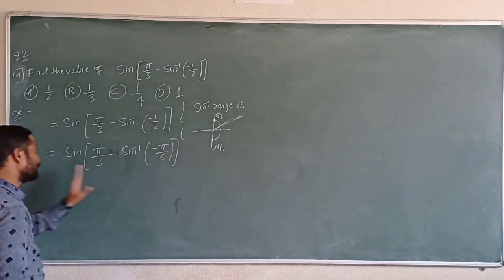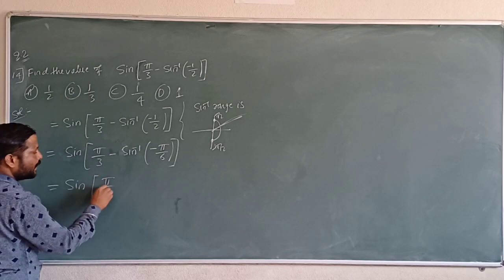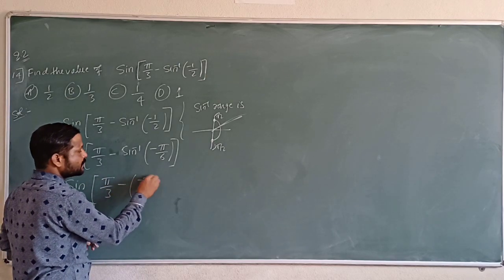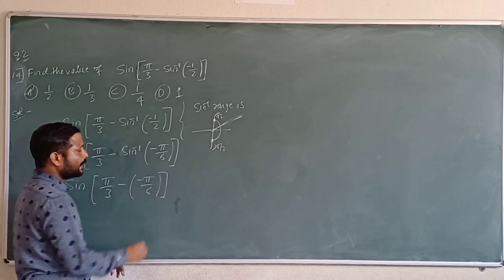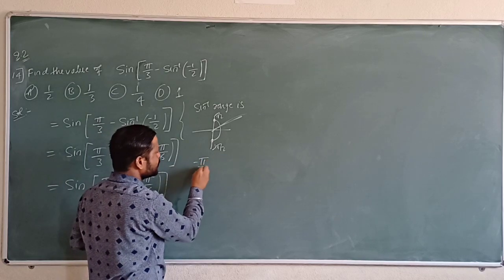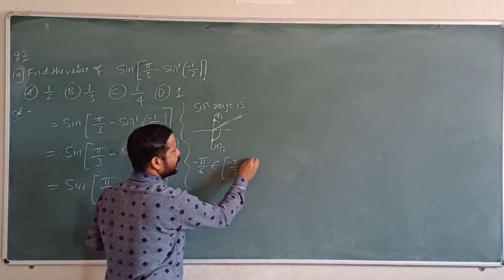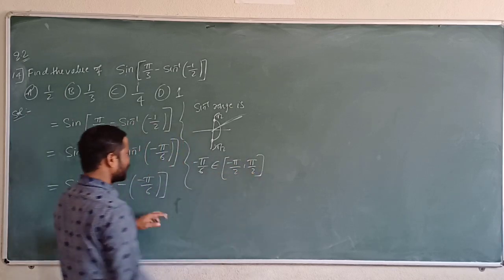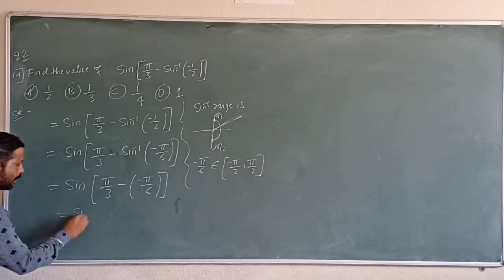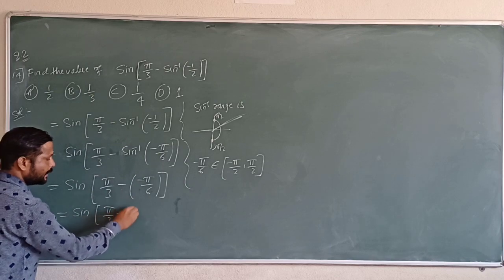So therefore take directly: it is sine of pi by 3 minus, and what comes below is minus pi by 6. See now, minus pi by 6 belongs to minus pi by 2 to plus pi by 2, so therefore the value is minus pi by 6. That is sine of pi by 3, minus into minus is plus, pi by 6.